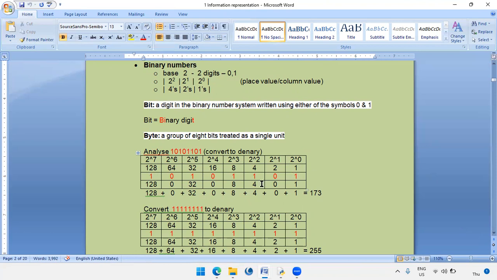This is the same number written out. Then we put the values. Where there is a 1, you take 128. Where there is 0, it's 0 times 64, which is 0. 32, nothing here. 8, 4, nothing there, and 1. So when you add up all these values, you get 173.